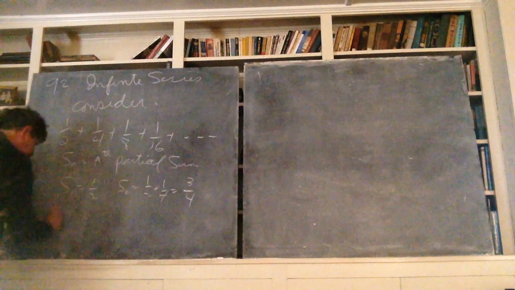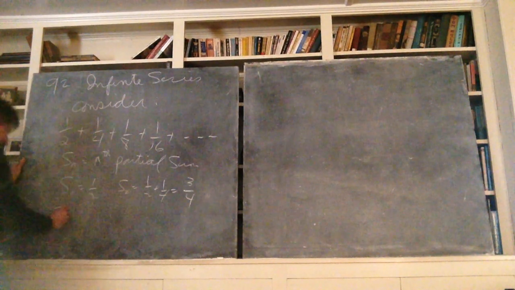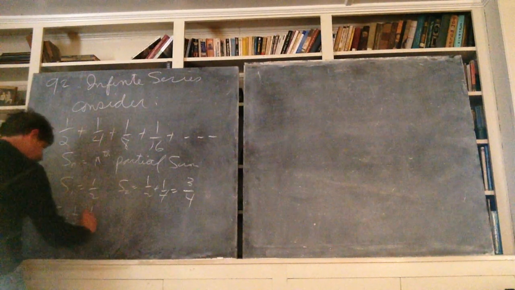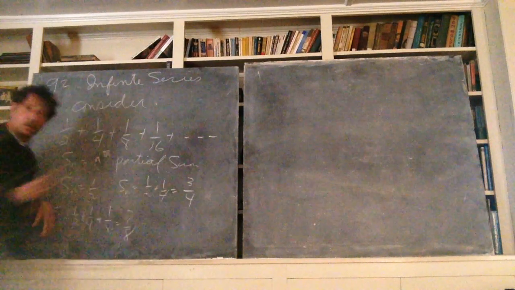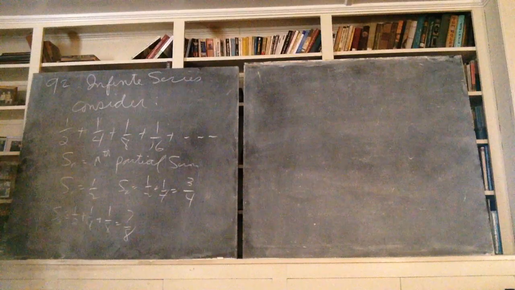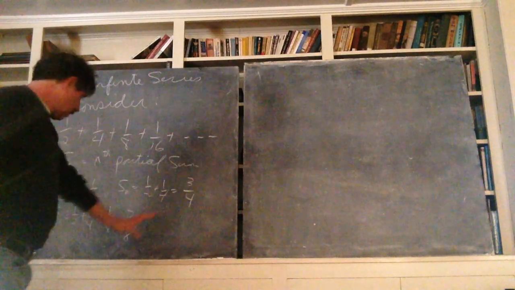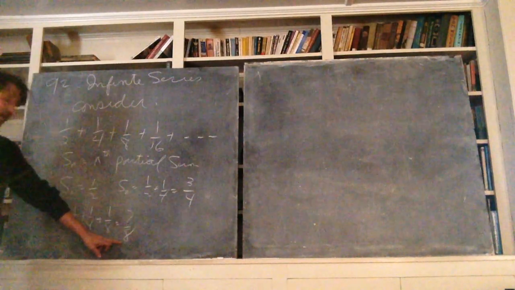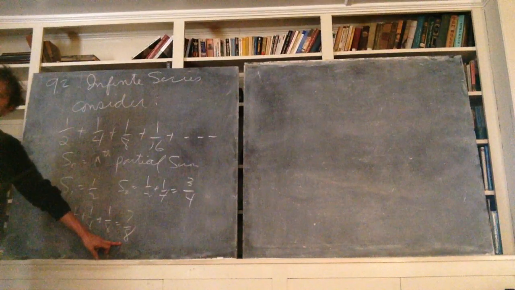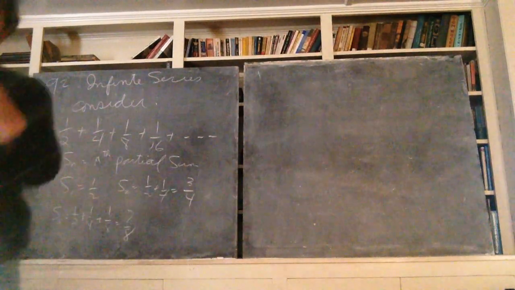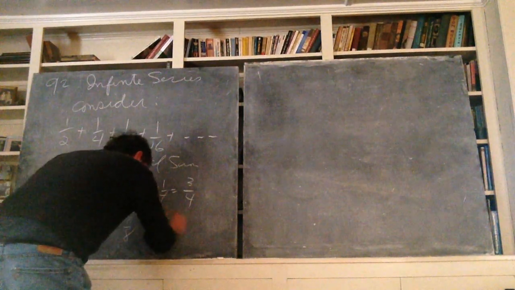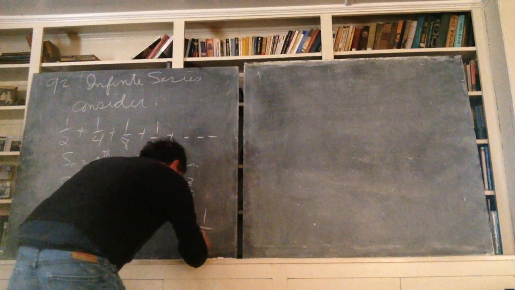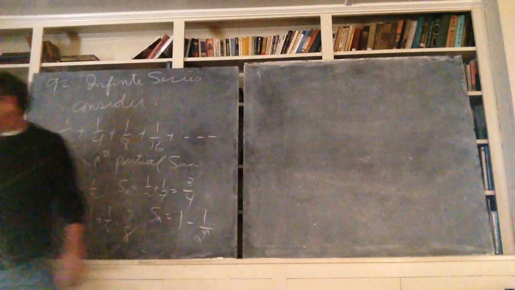S3 is 1/2 plus 1/4 plus 1/8, which is 7/8. And then we keep going. The next, S4, would be 15/16. S5 would be 31/32, or S sub n is 1 minus 1 over 2 to the n.